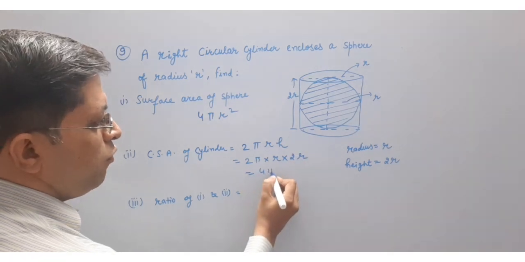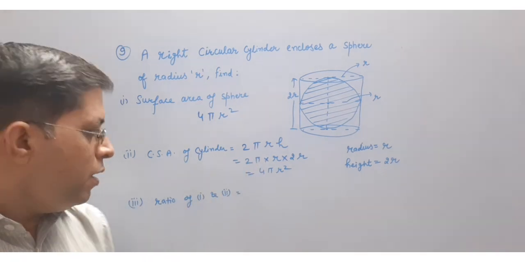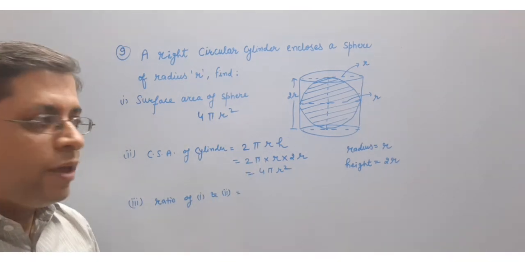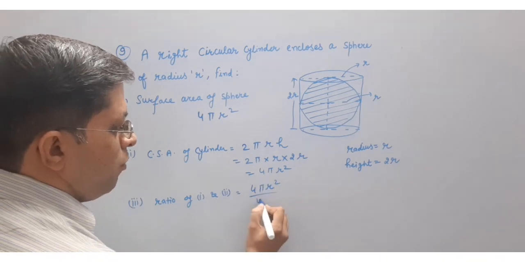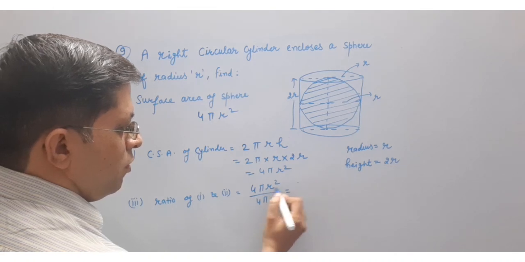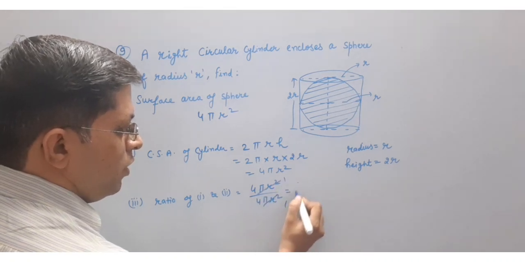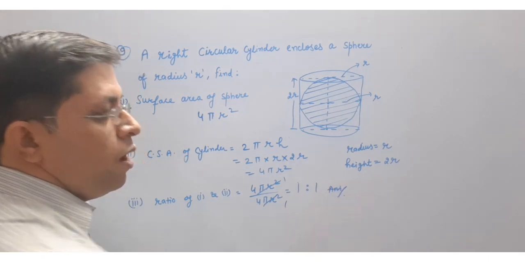So this will be 4 pi r square again. Okay. Now the third part. Ratio of first and second. This is 4 pi r square upon 4 pi r square. We can say this is cut, 1, 1. We can say 1 ratio 1. This is the answer of it.